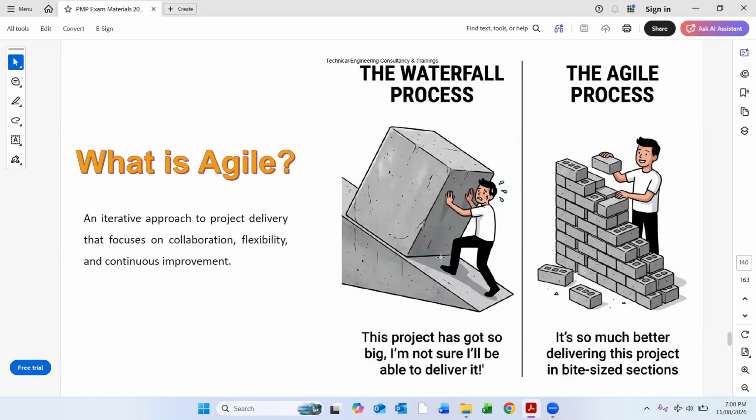But in the waterfall process, it is a hurdle to deliver the project because of its complexity. So agile is far better, but it also depends on which particular industry we are applying it to.